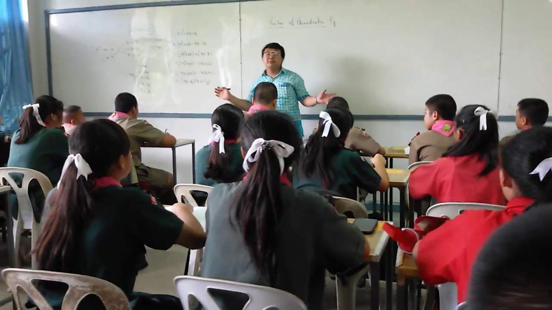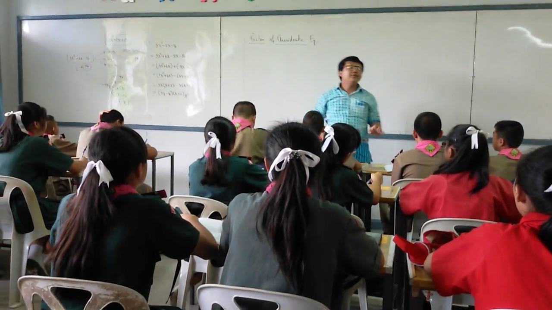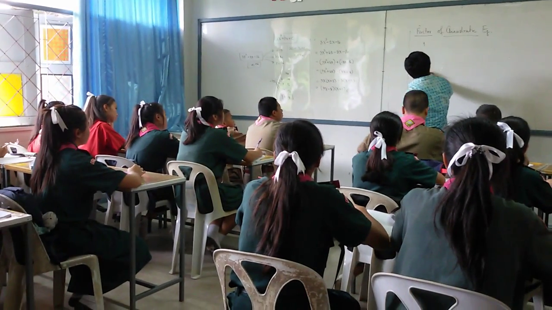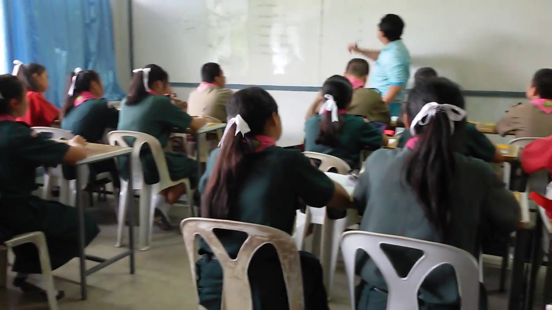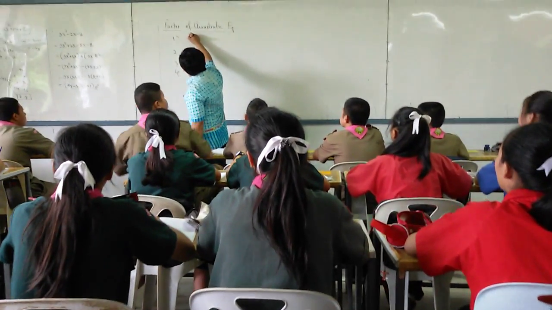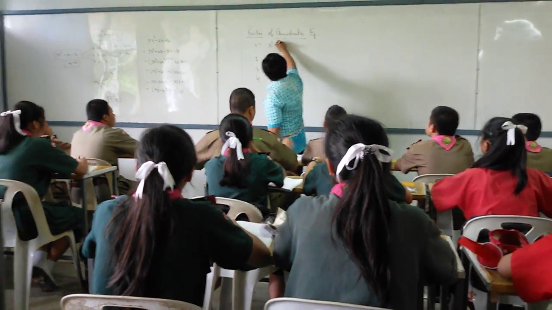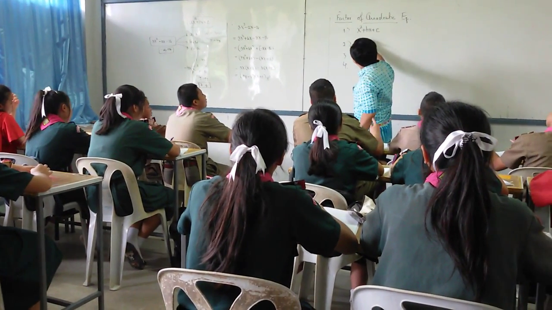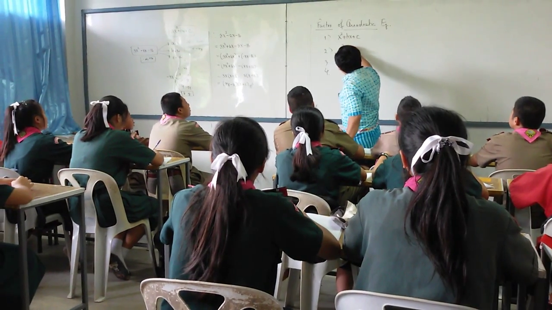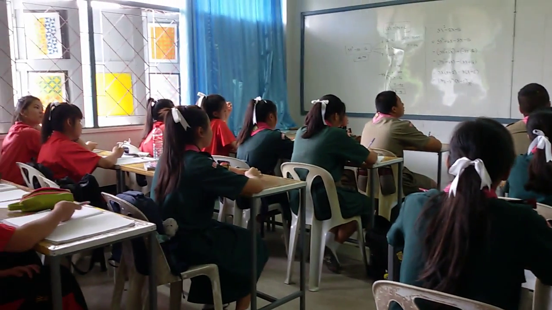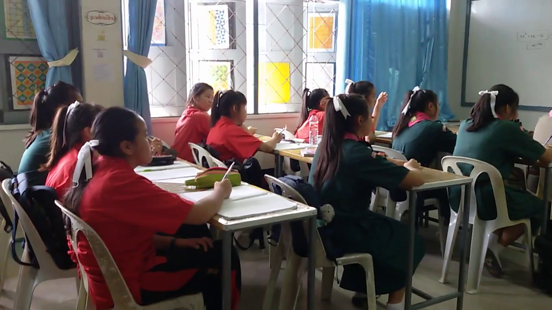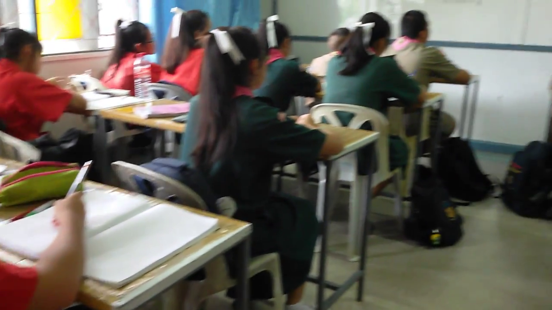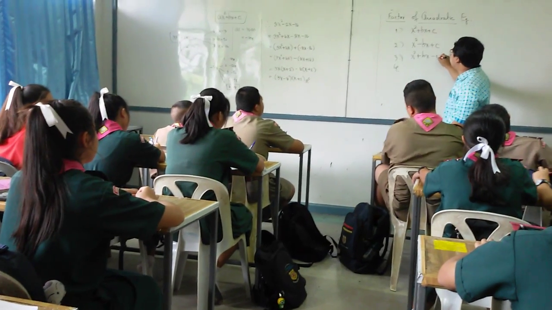We have to study about the quadratic equation. The first time we studied four forms. The first form is x squared plus bx plus c. The second is x squared minus bx plus c. The third is x squared plus bx minus c.